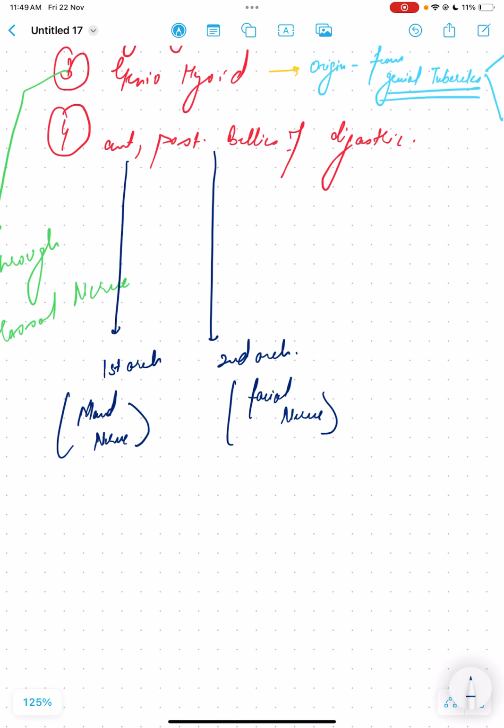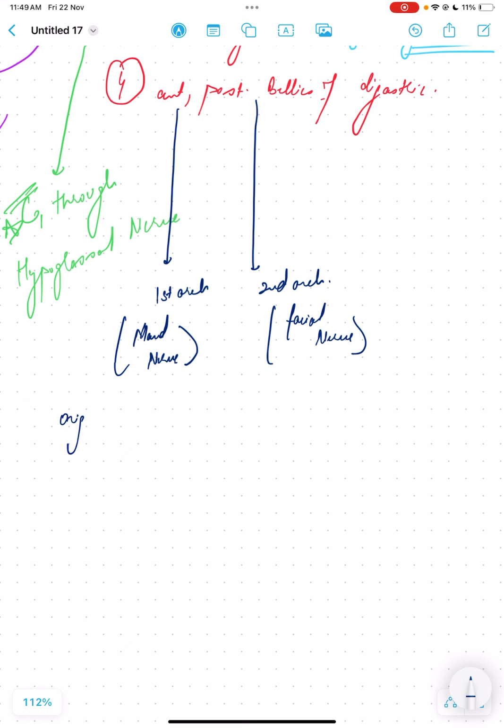The anterior belly of the digastric originates from the digastric fossa, and the posterior belly of the digastric originates from the mastoid notch.